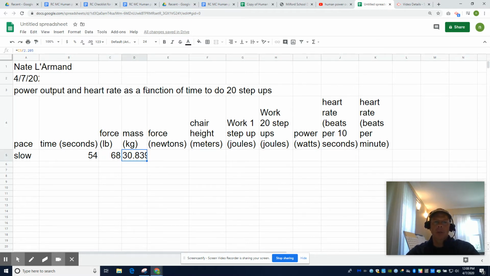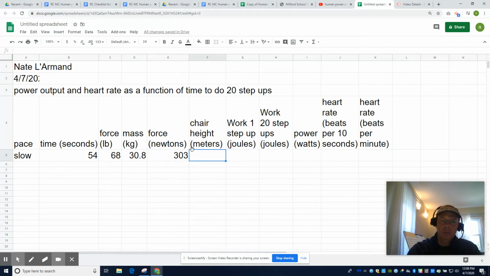Okay, so Sid's mass is 31 kilos. We can chop those significant figures with this guy. I think that's good. How do you find Sid's weight in newtons? Well, equals, click on the pounds, and we're going to multiply by 4.45 newtons per pound. Sid weighs about 300 newtons.